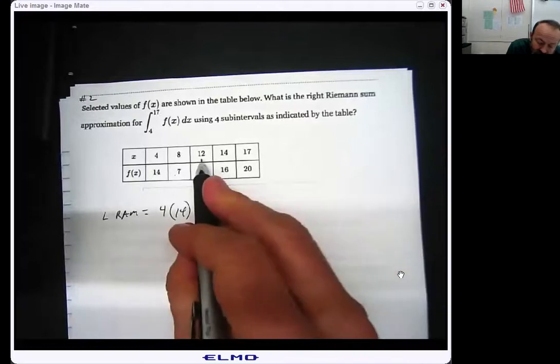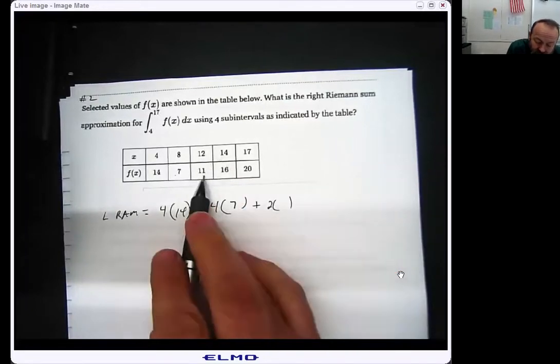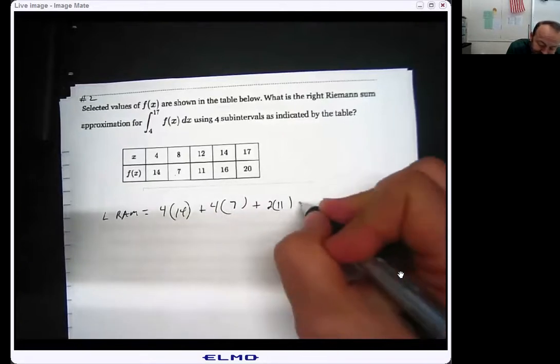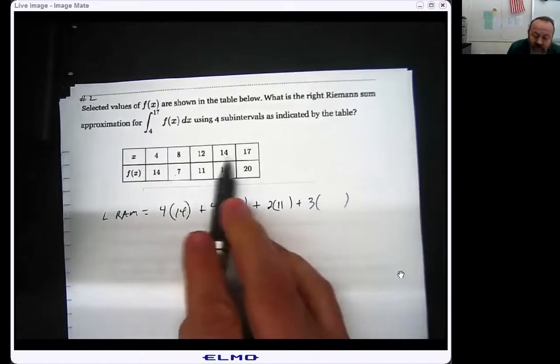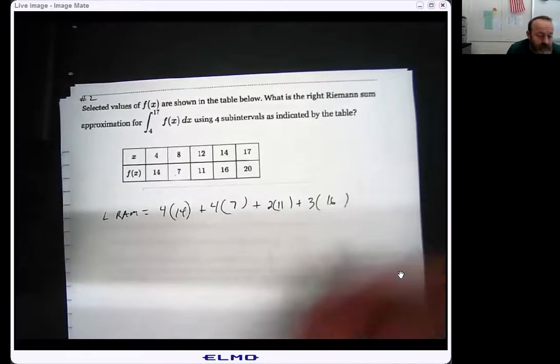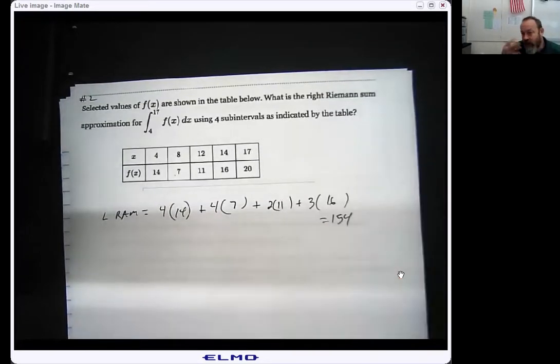My next partition was actually only 2 units wide, but at its left edge it was 11. Then we had our final partition, which was 3 units wide, and its height was 16. And I kind of did this already. This total in this particular story would be 154.